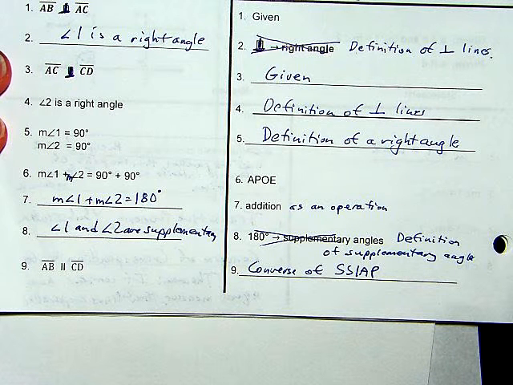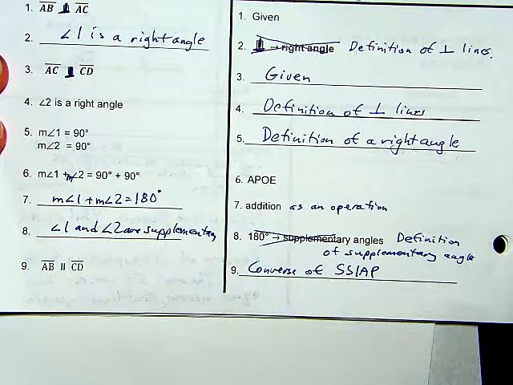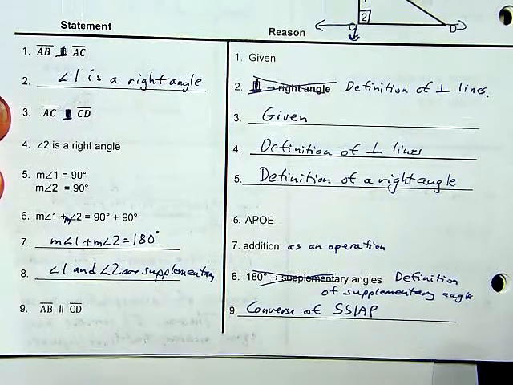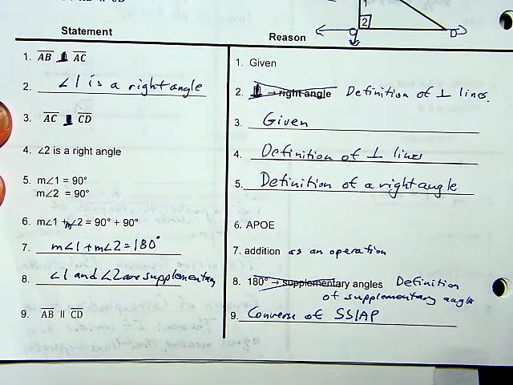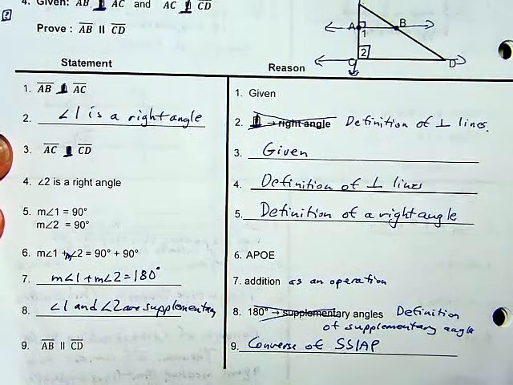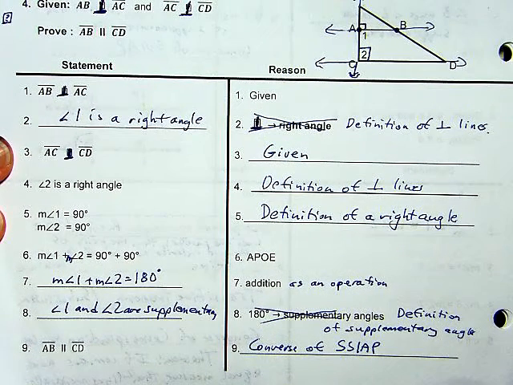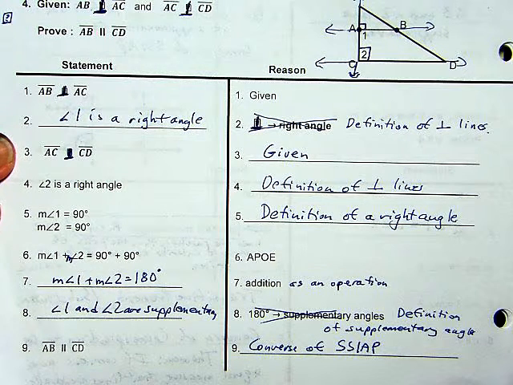So again, if two lines are cut by a transversal so that a pair of same side interior angles are supplementary, then the lines are parallel. That's the full statement of the converse of the same side interior angle postulate. So we can then conclude, since they're supplementary, that line AB is parallel to line CD, or that line segment AB is parallel to line segment CD.